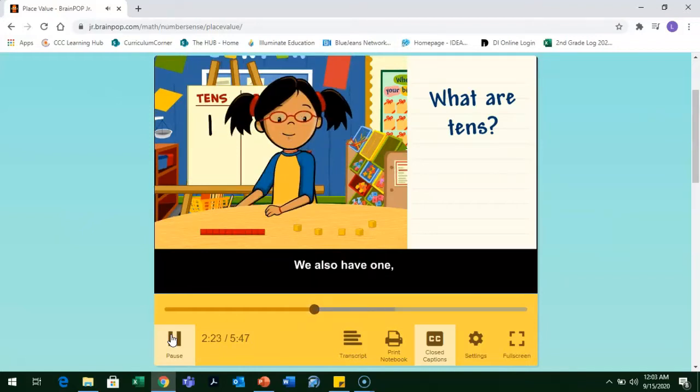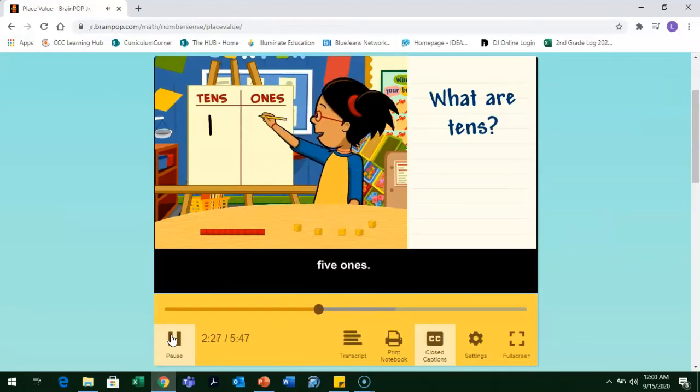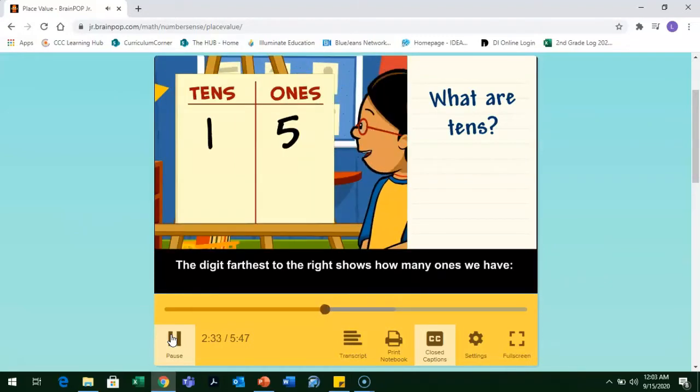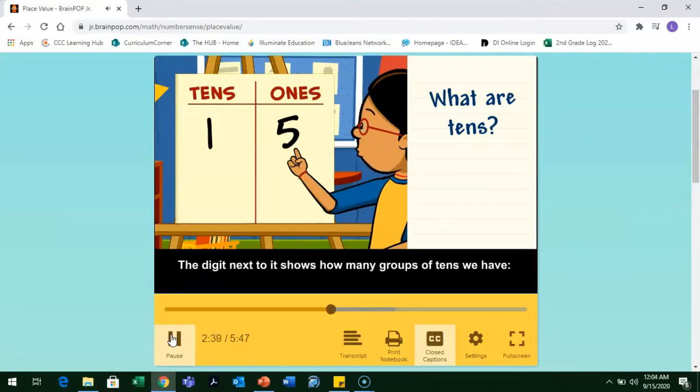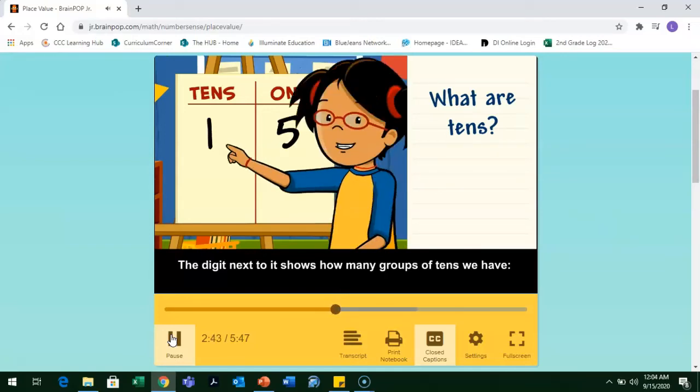We also have 1, 2, 3, 4, 5 ones. So we have 15 cubes. The digit farthest to the right shows how many ones we have. 5 ones. The digit next to it shows how many groups of tens we have. One group of 10.